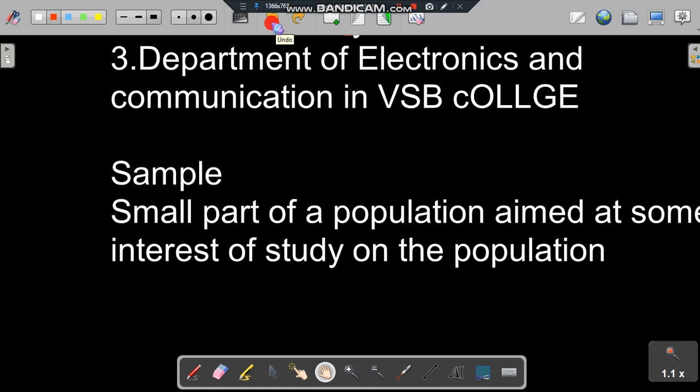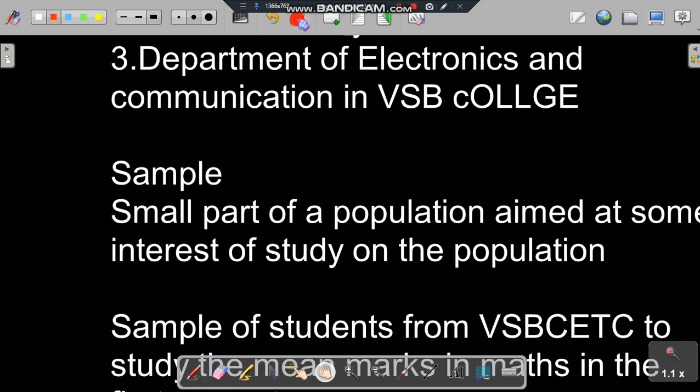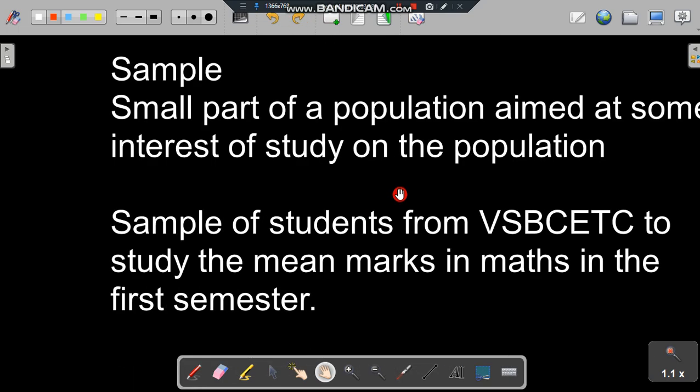A good example is a sample of students from VSB CETC, that is VSB College of Engineering Technical Campus, to study the mean marks in mathematics in the first semester.